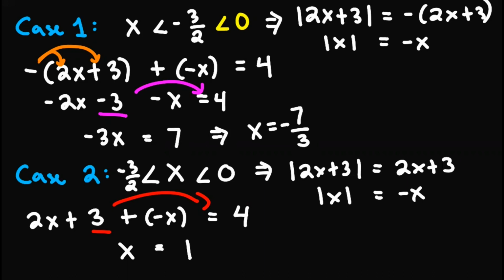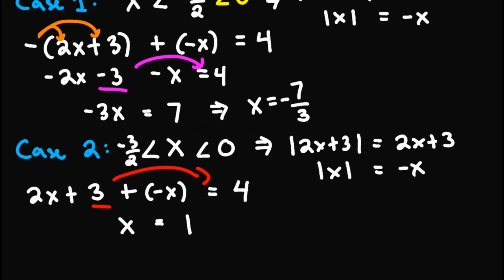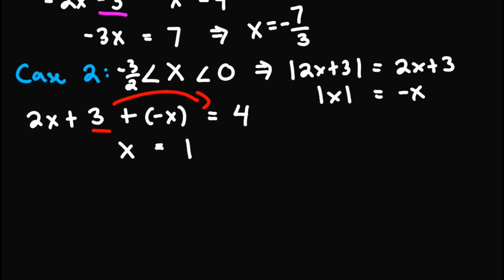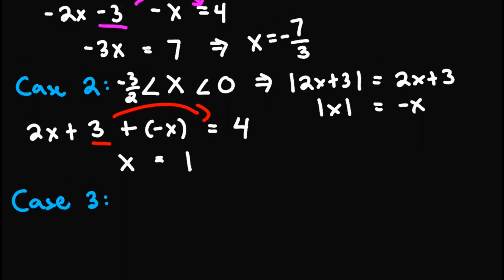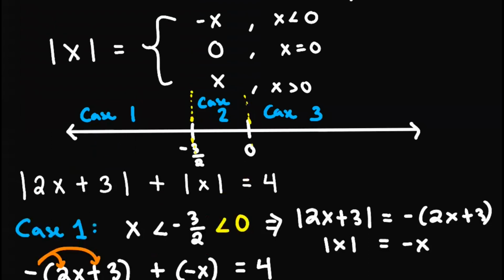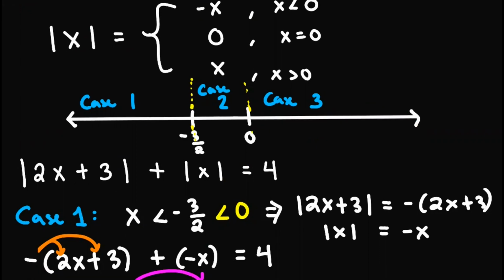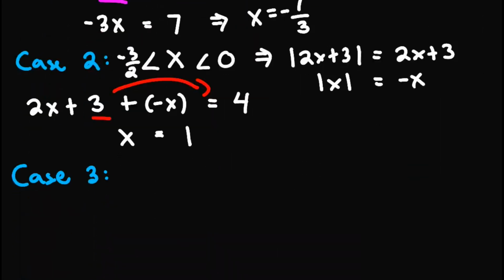For our third case, case 3, it will be this region or interval out here. So that interval is at x is greater than 0.